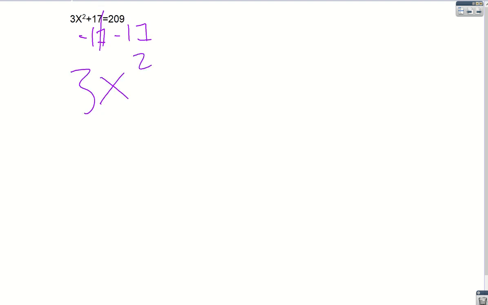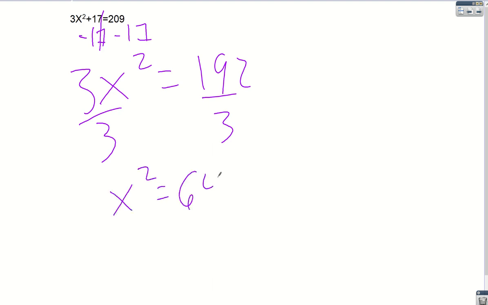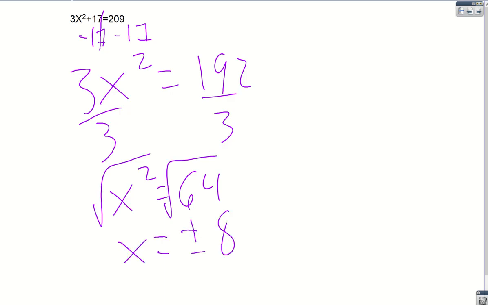I'm left with 3x squared is equal to 192. I'm going to divide both sides by 3, and I get 64. Then I'm going to square root both sides, and that's going to give me positive 8 or negative 8.